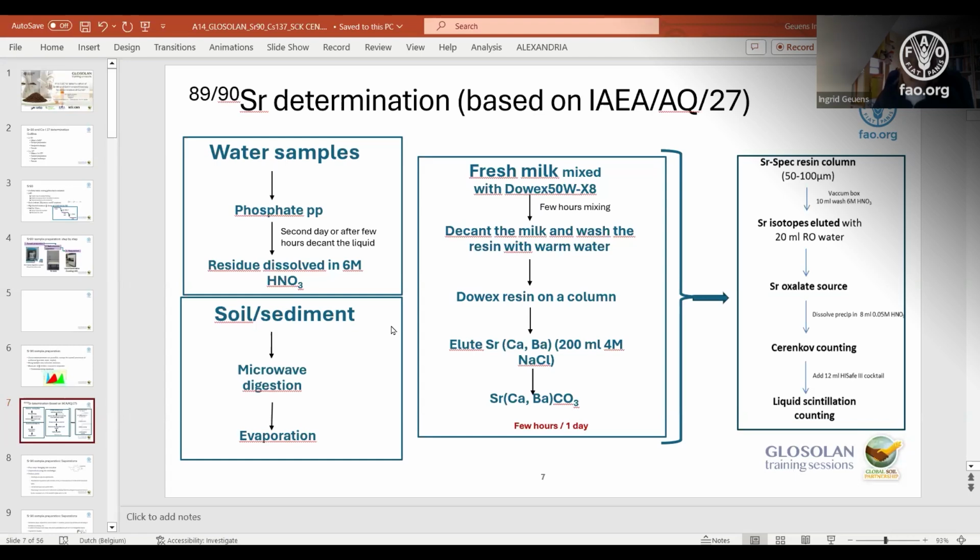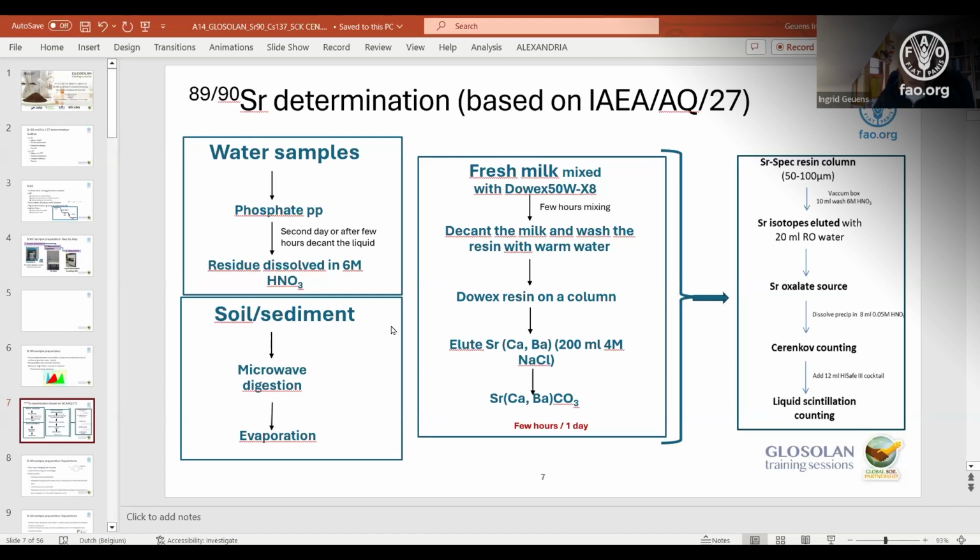So we have water samples where we add phosphate, we wait for some hours, and then on the second day we decant, so we put only the residue that is dissolved into 6 molar nitric acid. For soil or sediments, we go via microwave digestion, also with nitric acid, and then we do an evaporation.